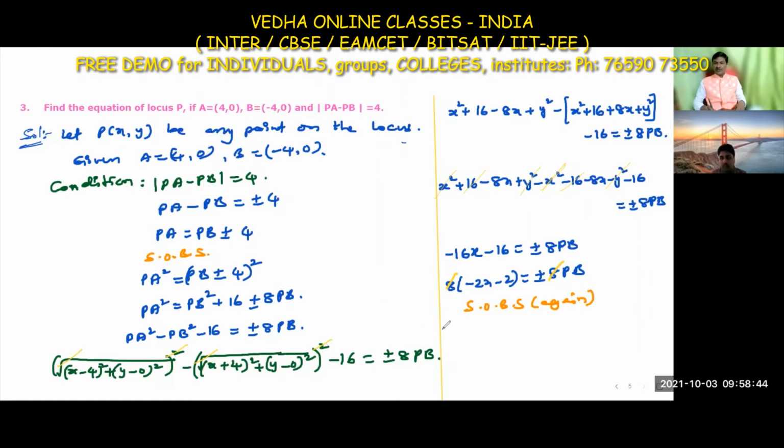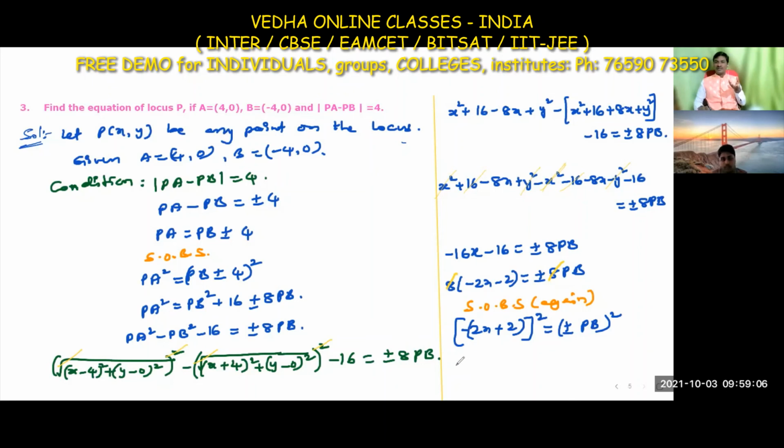So now we get minus of 2x plus 2, this full term whole square is equal to plus or minus PB, and for this also we get whole square. Here when we square, the negative sign minus becomes plus.